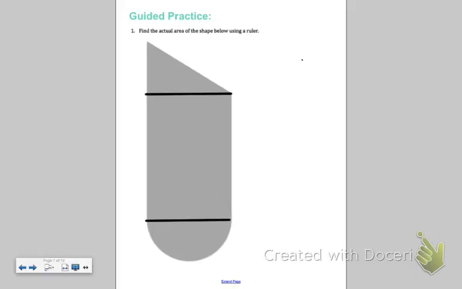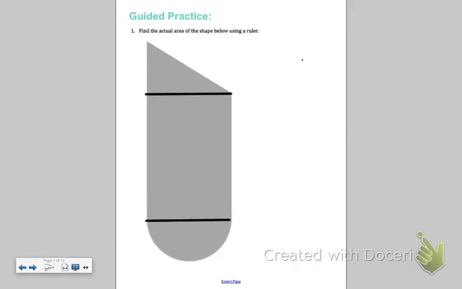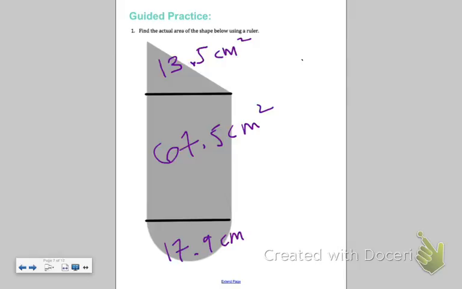So let's go back and look at our shape. And now we need to find the total area of the triangle, the rectangle, and the semicircle, since that's what makes up this entire image. So we had 13.5 centimeters squared for a triangle. We found that the rectangle was 67.5 centimeters squared, and our semicircle is 17.9 centimeters squared.